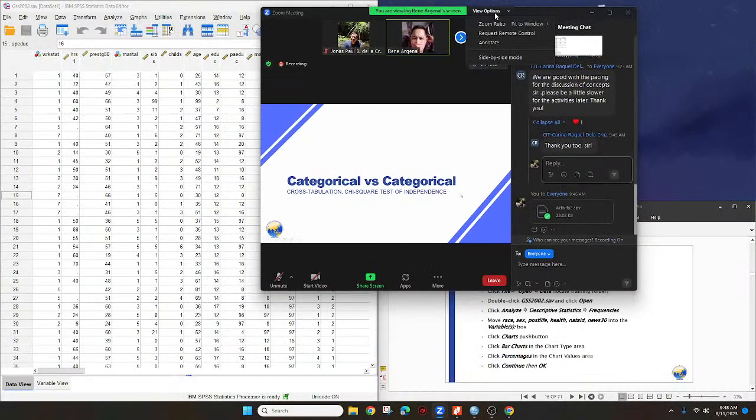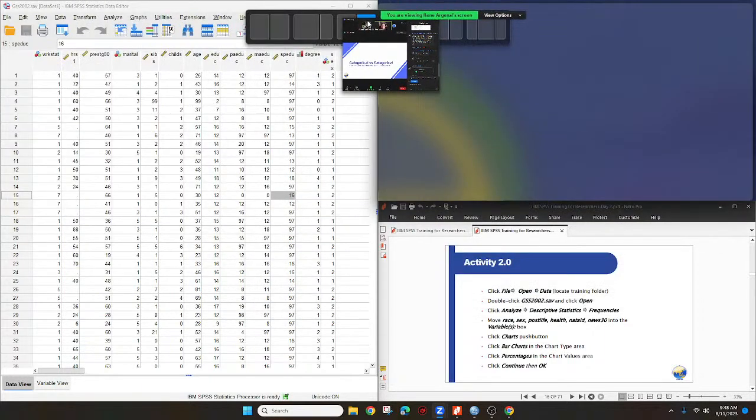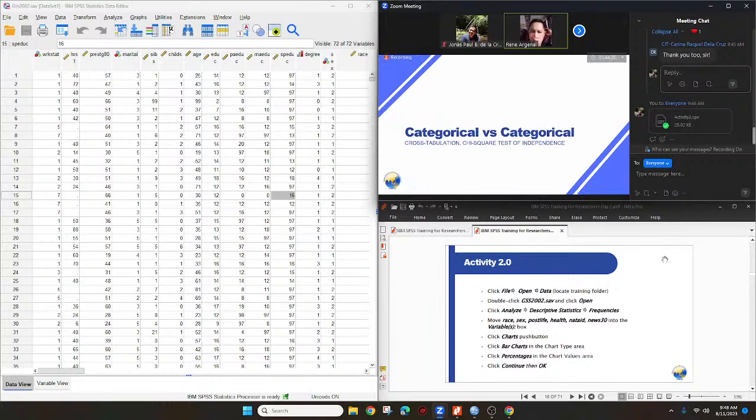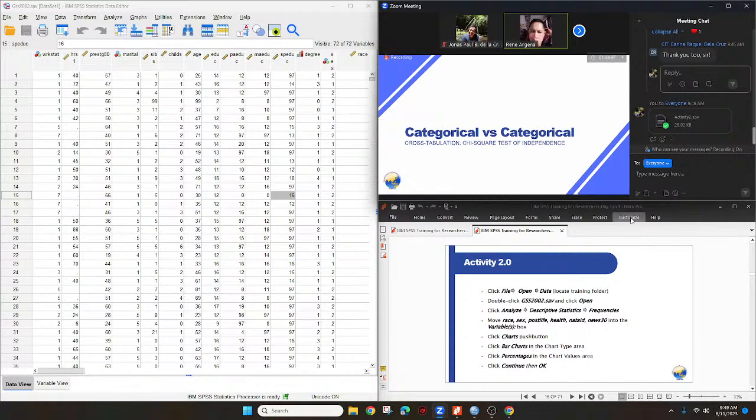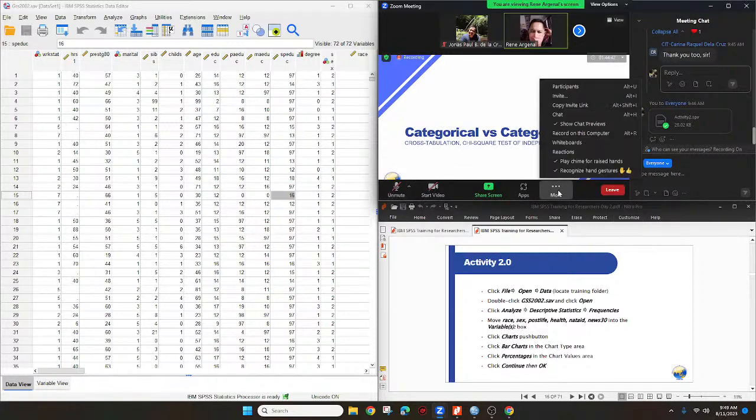So we go to categorical versus categorical. So cross-tabulation, using more specifically the chi-square test of independence or the chi-square test of relationship. The most commonly used test of relationship is the chi-square test, no? That is if your data are both categorical or qualitative.